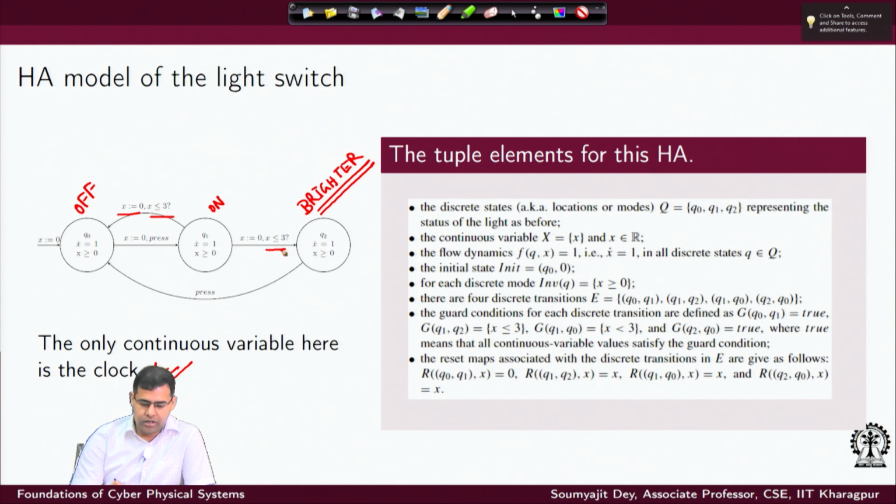What this guard condition is testing is whether the value of x is less than or equal to 3, and this guard condition should be whether it is greater than 3. So if this guard condition is satisfied, that the time between the two press events is less than 3, then the light becomes brighter. Also, sorry, one thing is missing here, we will have that press event.